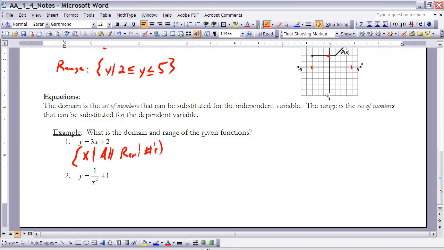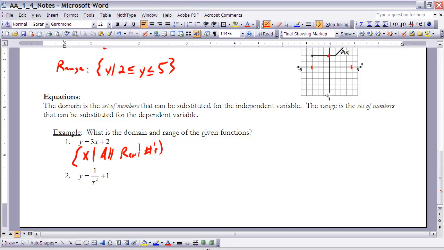And the reason why I say that is when I'm looking at it from an equation standpoint, I'm going to be looking for values that are going to cause a problem. Well, as I think about it, I can put in any number greater than 0. Any bigger number is going to work. It doesn't matter if it's 1, 1,000, 1 million, 1 trillion, doesn't matter. And same thing if I look at the negative numbers.